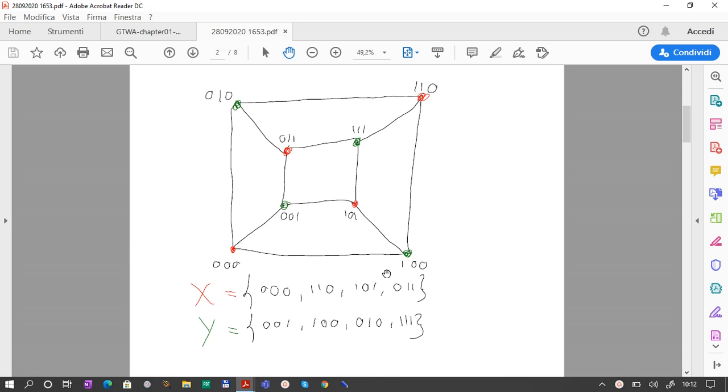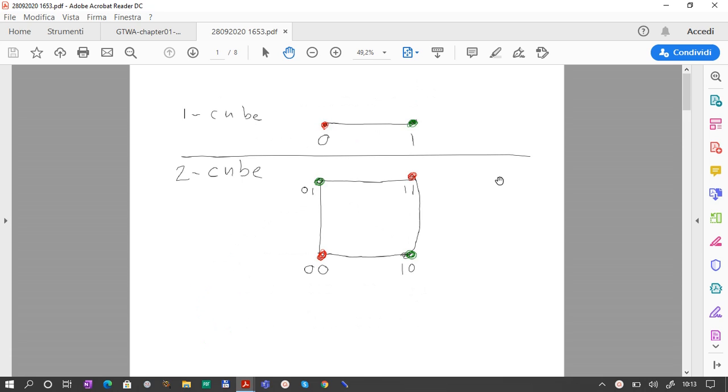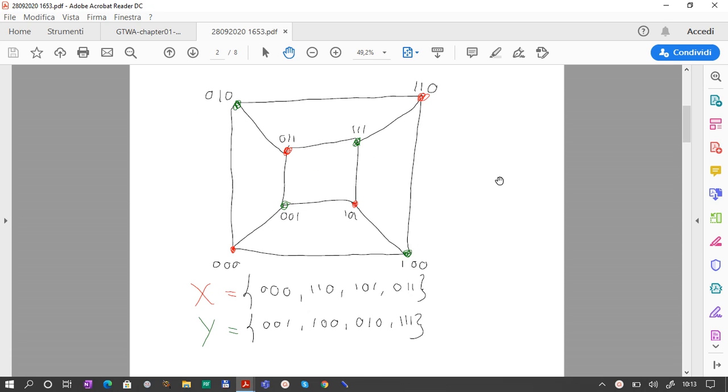So what should we do? Give a general rule for saying if we are in the k-cube, I shall put in set X all vertices which are such and such, and in the Y set all other vertices which are in that different condition. Okay, and of course you can look at what we have done in the small cases and try to generalize the rule.